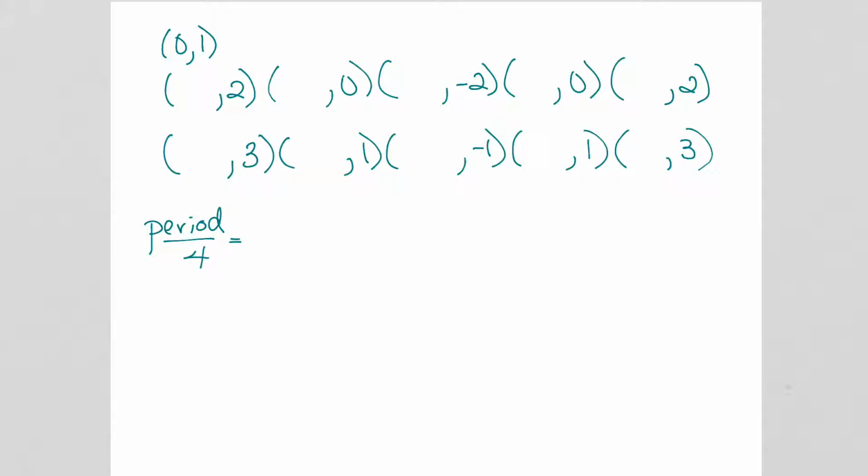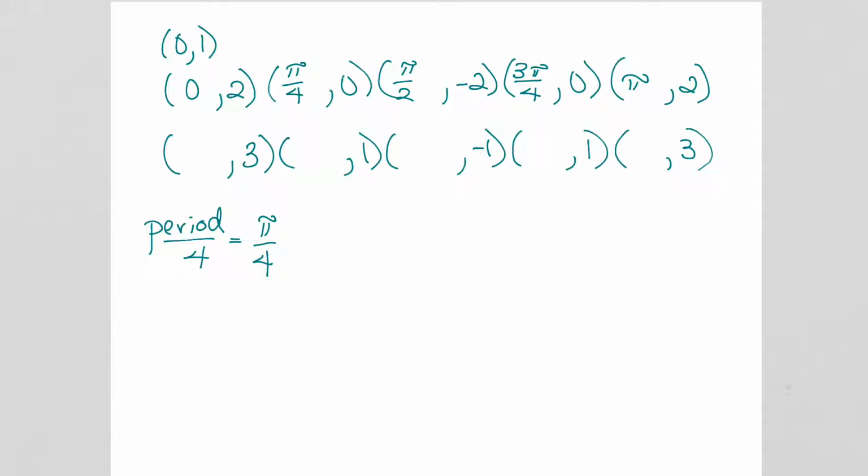So the period is pi, so we're going to go every pi divided by 4. So we would start with 0, then pi over 4, pi over 2, 3 pi over 4, and pi.